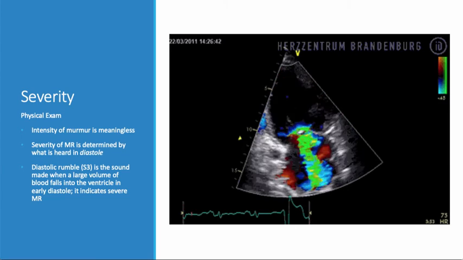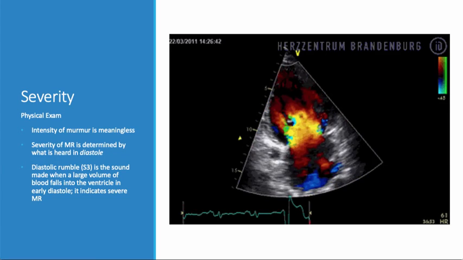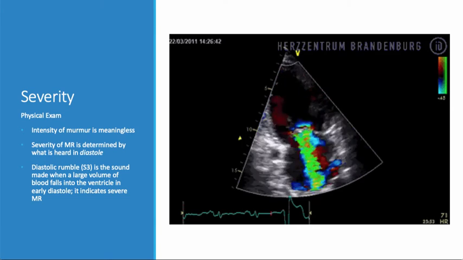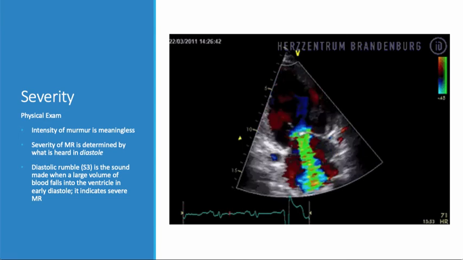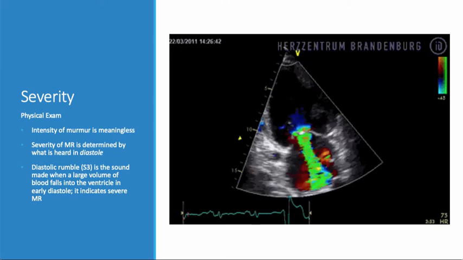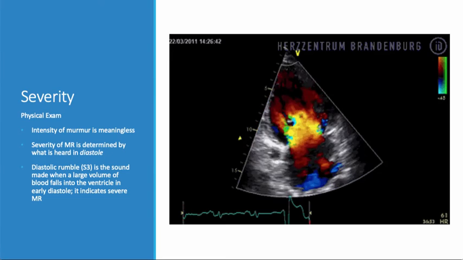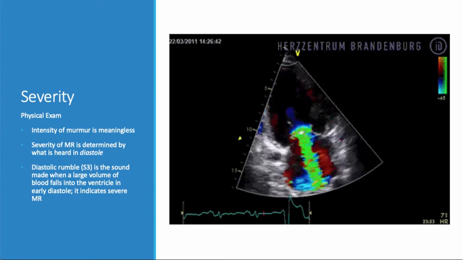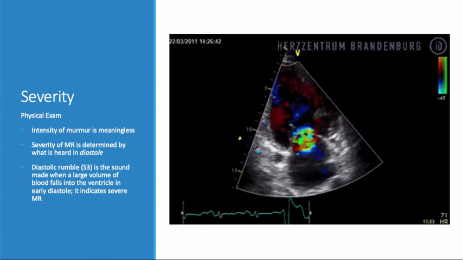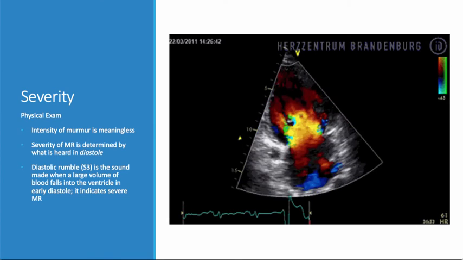And when the ventricle dilates, that's when you may have that huge volume of blood in the atrium that falls into the ventricle and makes a third heart sound. That third heart sound indicates severe mitral regurgitation.